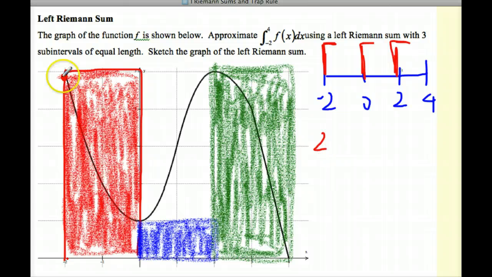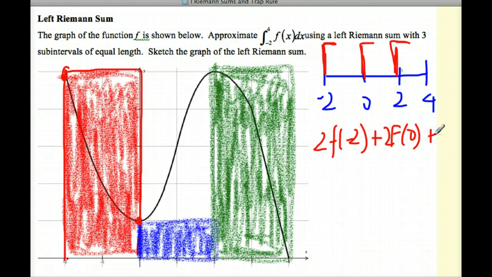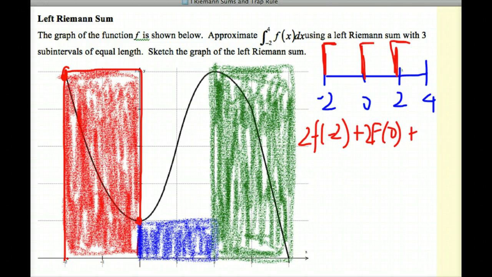But now I need to plug in my left-hand side. So that's 2 times f of -2, plus 2 times f of 0, plus 2 times f of 2.